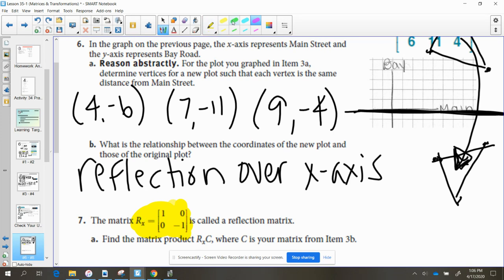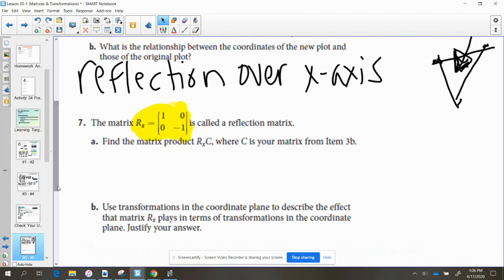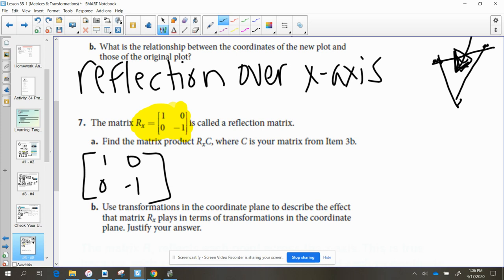Okay. And basically what is happening is we had to multiply our original matrix by this reflection matrix in order to be able to get the result that we had here, because we weren't adding anything necessarily, we just were negating those y values.